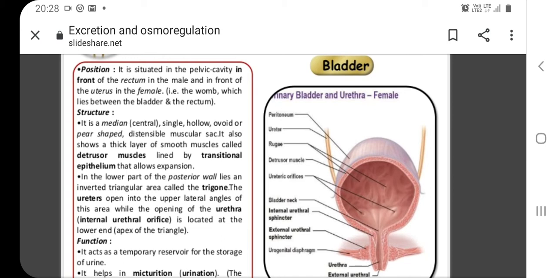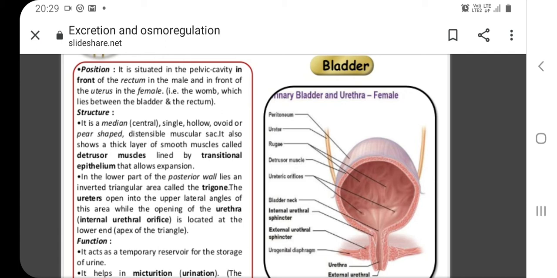The urinary bladder is a distensible muscular sac. It shows a thick layer of smooth muscle called the detrusor muscle, lined by transitional epithelium that allows the expansion.